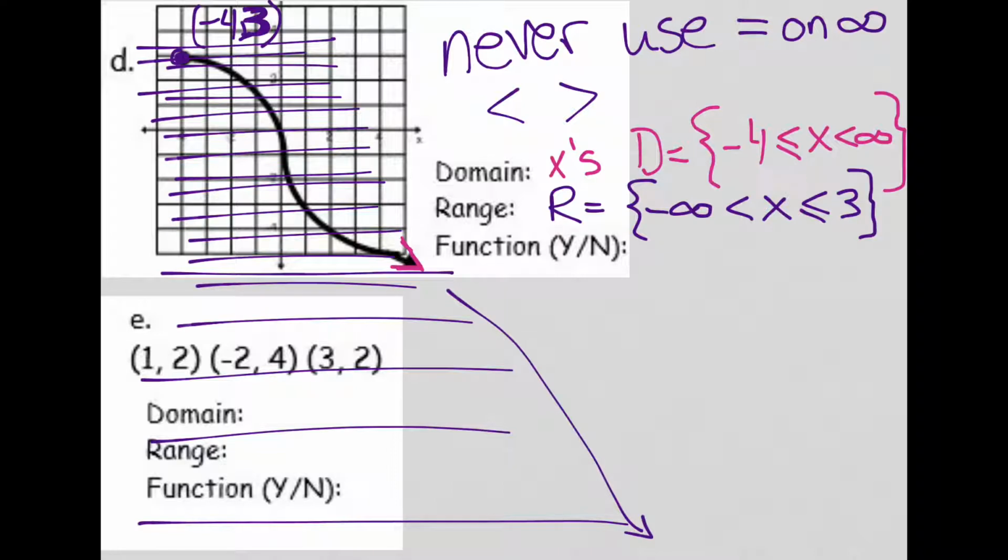It's never going to get there. It's not a location. It's an idea. You're just going to keep going forever and ever and ever. And since you can't actually ever get to infinity, then you can never use that equals to bar on there. So that's one rule of thumb, that if infinity is involved, it's got to be less than or greater than.